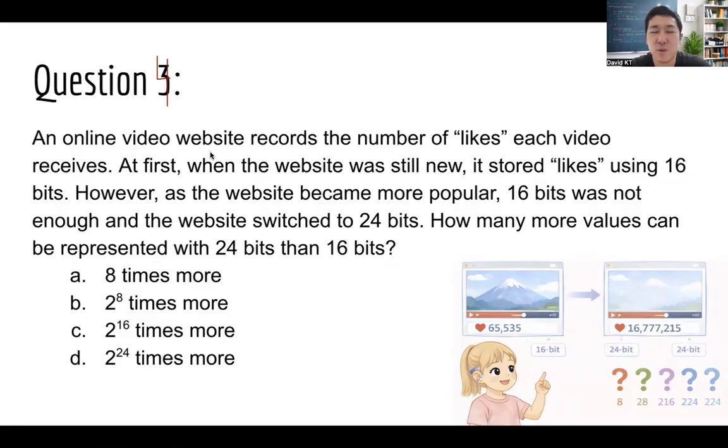However, as the website became more popular, 16 bits was not enough, and the website switched to 24 bits. How many more values can be represented with 24 bits than 16 bits? Go ahead, feel free to pause the video to figure it out. Basically, 2 to the 24th divided by 2 to the 16th gives you 2 to the 8th, which is B.